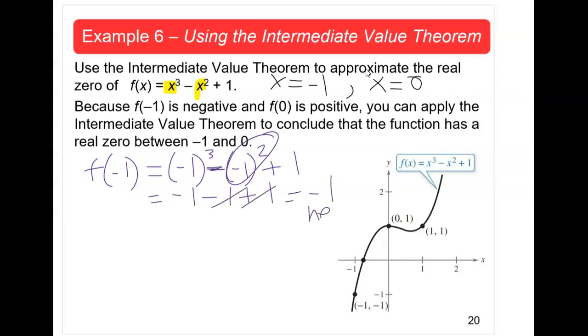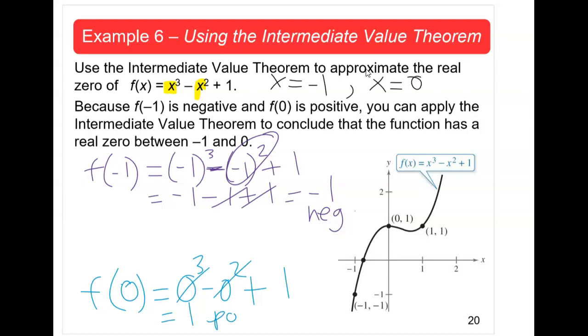So that means it's negative. And then for the other one, which is 0, for the x value, we put 0 to the third power minus 0 to the power 2 plus 1. So the only value is 1, which is positive.